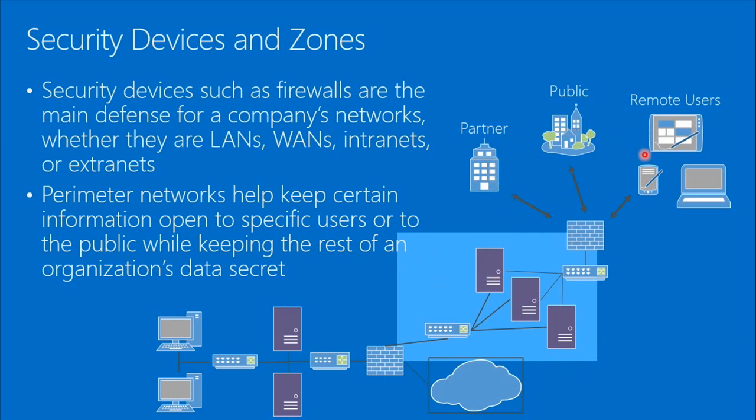Out here, we have public facing. So here's our partner, our public, our remote users. When public and partner gain access to, say, web servers or email servers, they're here in the perimeter network. And remote users who VPN might VPN in through the perimeter network and access the network, depending on how things are set up.